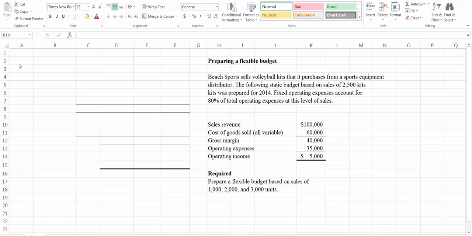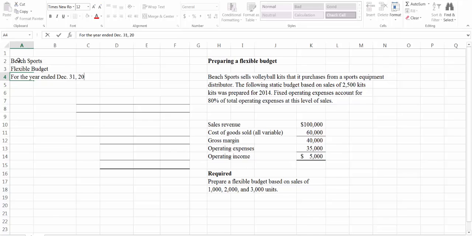Okay, so the first thing we're going to do, as we always do, is to put a heading. So this will be Beach Sports Flexible Budget for the year ended December 31st, 2014.